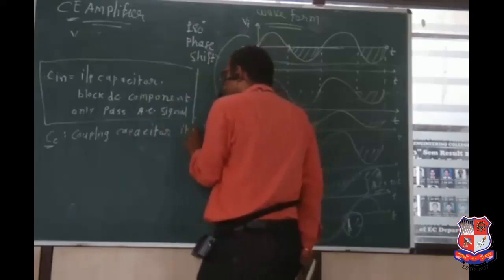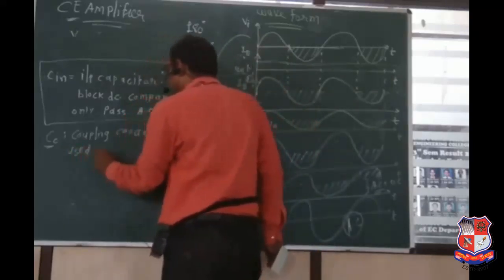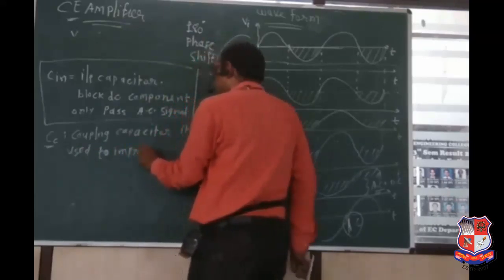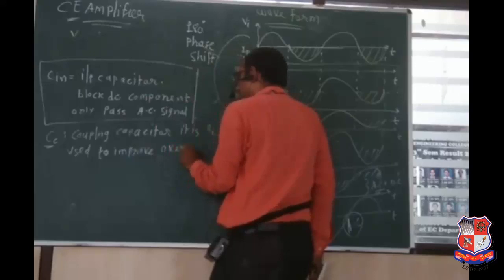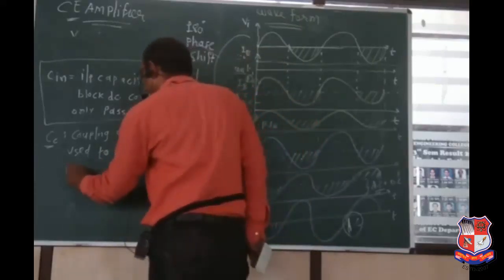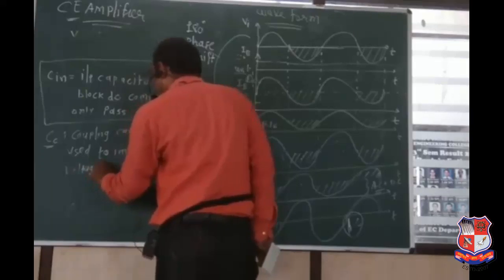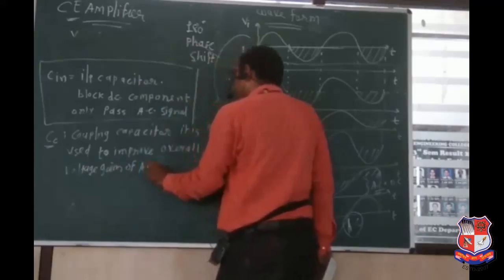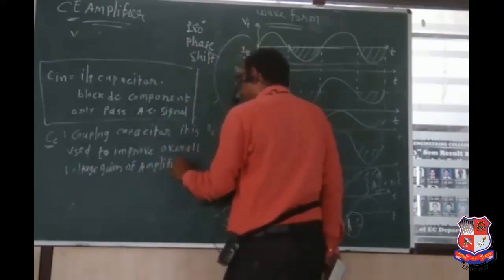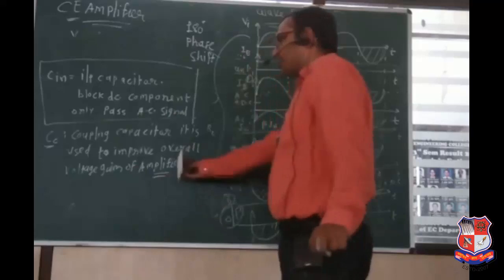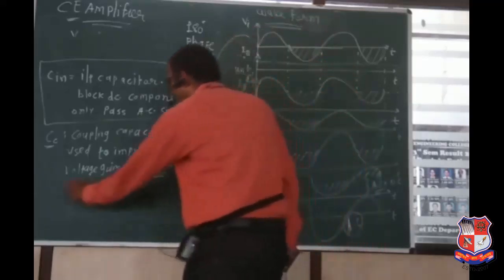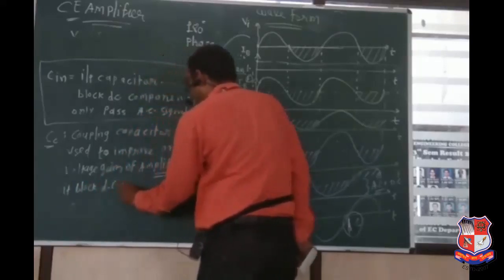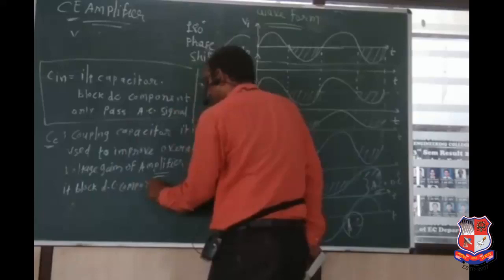It is used to improve the overall voltage gain of the amplifier. It improves the overall voltage gain of the amplifier. It blocks the DC component.